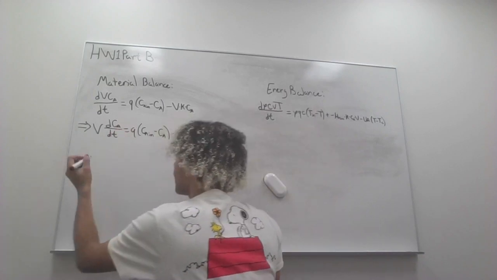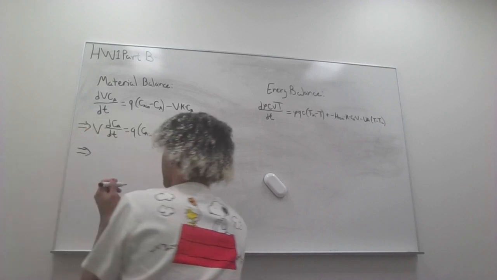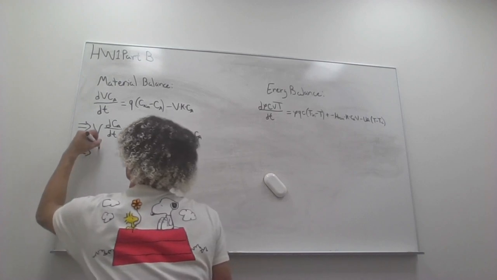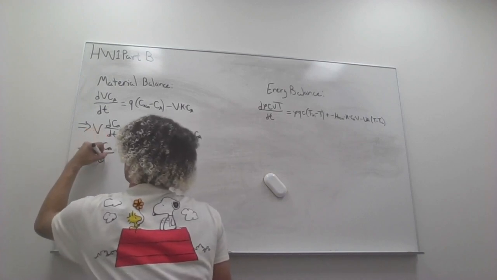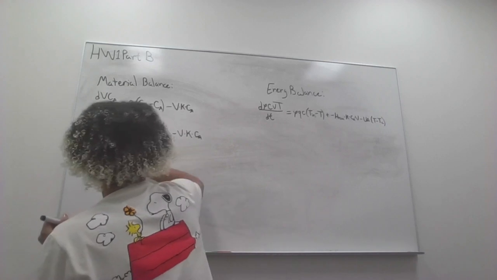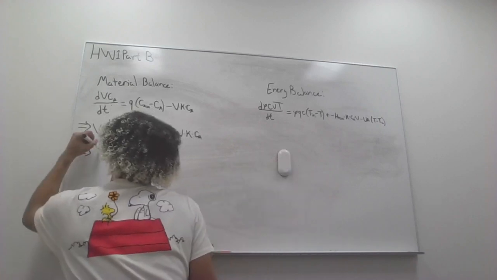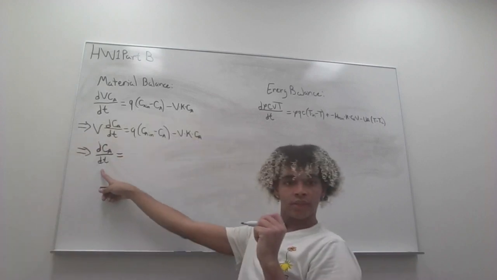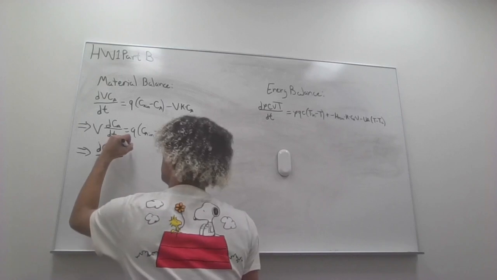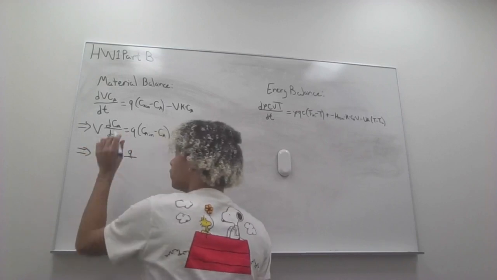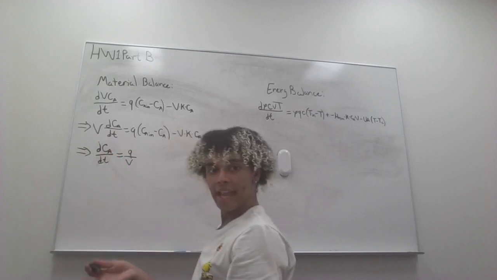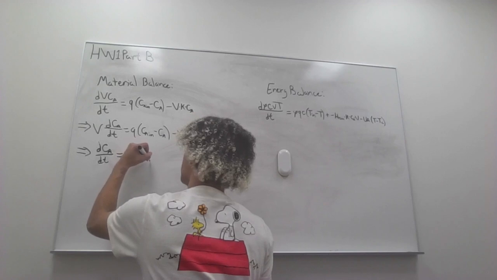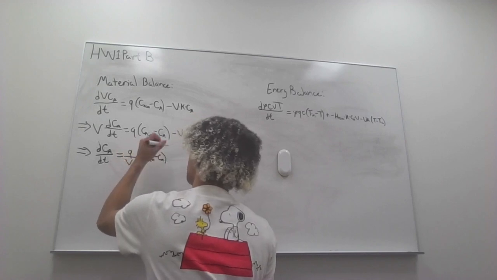So when we do that, let me write it out. We're going to have dCA over dt equal to the flow over the volume of the tank, so Q over V, multiplied again by the concentration going in minus the concentration already in the tank.